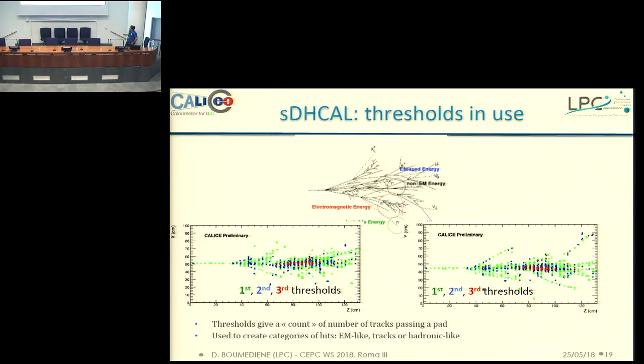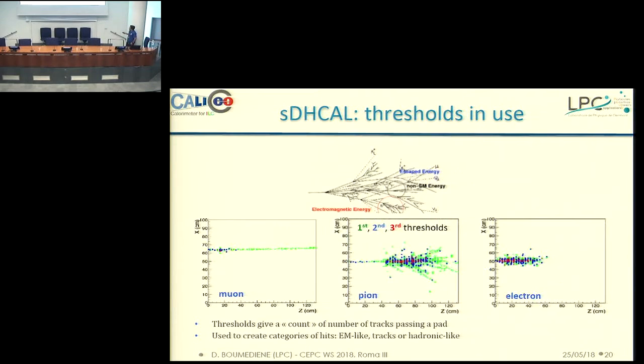And then for the energy reconstruction, you also want to use this granularity and the fact that you can go into the structure of the shower. So you see here a pion interacting in the HCAL with the hits. You see the 3 colors corresponding to the 3 thresholds, the first, the second, and the third, in green, blue, and red. And this is correlated to the electromagnetic part of the hadronic shower.